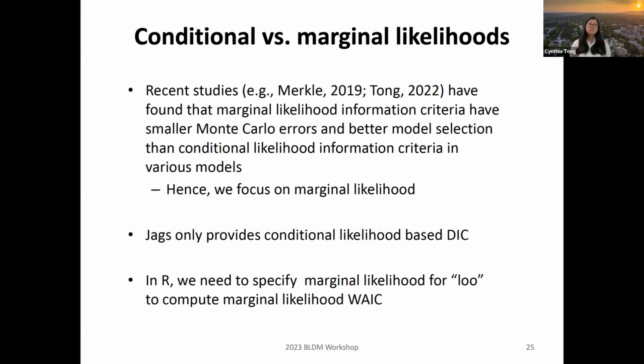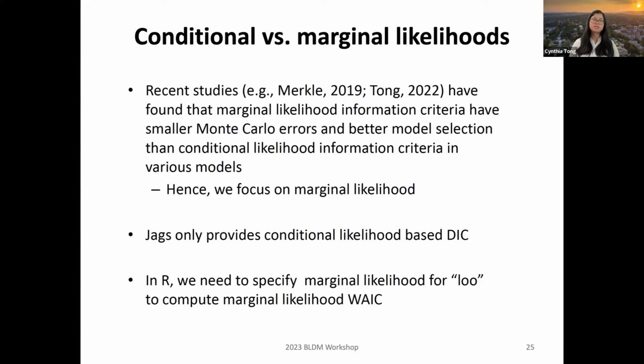Okay, and why do we want to talk about conditional or marginal likelihoods? Because some recent studies have found that marginal likelihood-based information criteria have smaller Monte Carlo errors and better model selection results than conditional likelihood-based information criteria in models with latent variables.